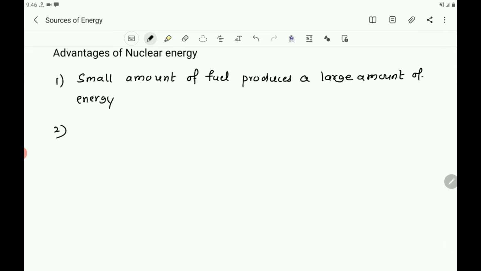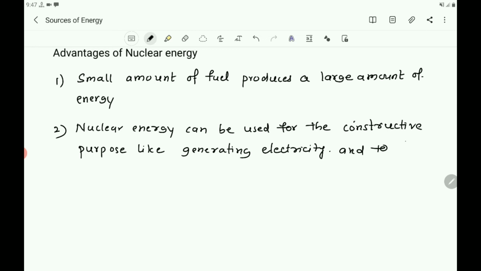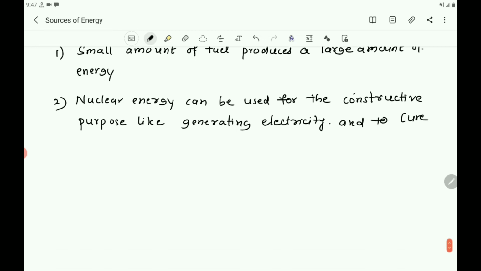And also nuclear energy can be used for constructive purposes like generating electricity and to cure diseases like tumor and cancer.